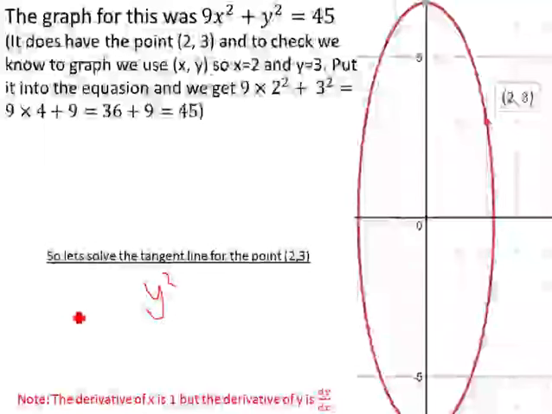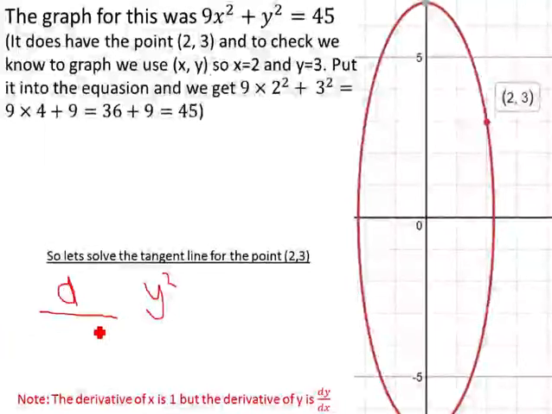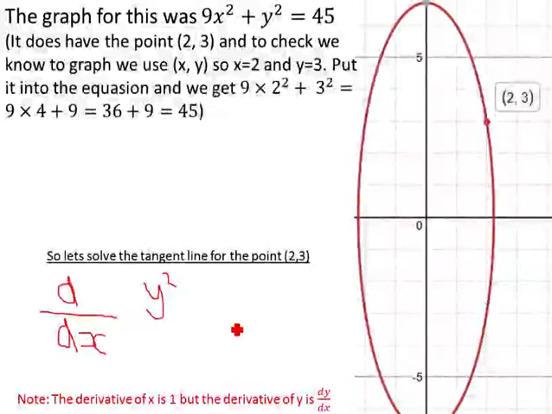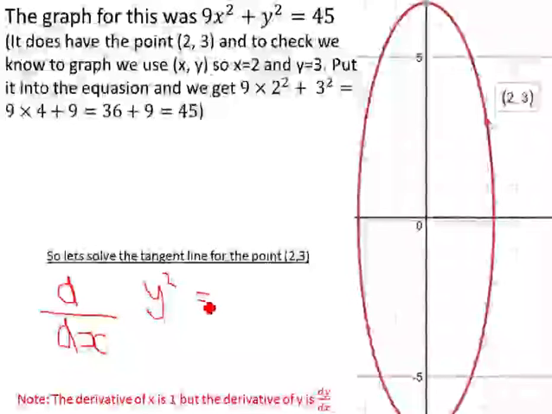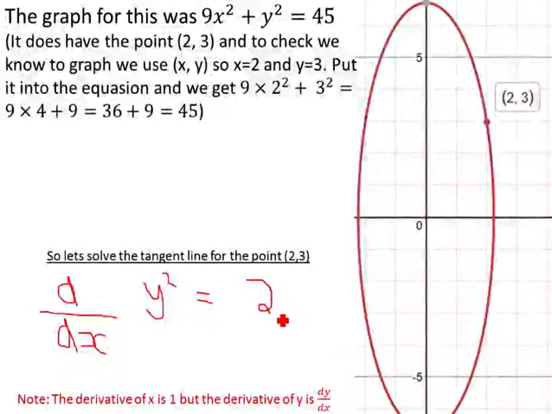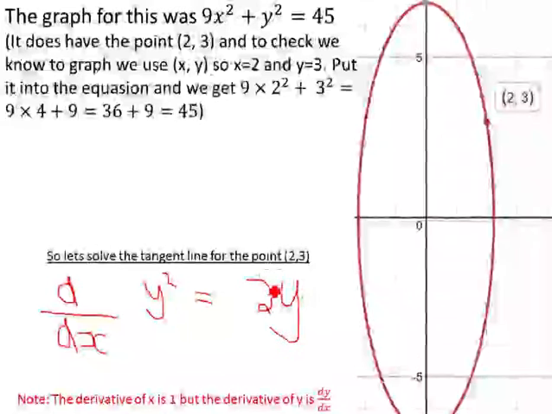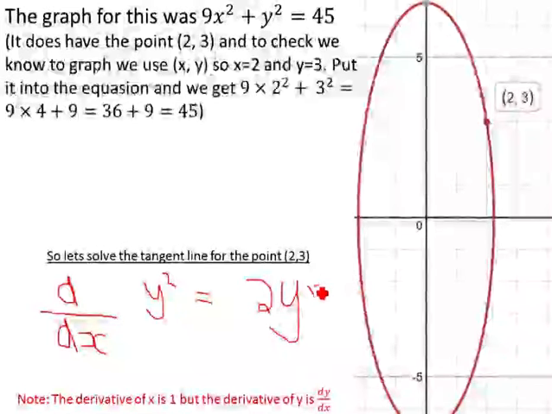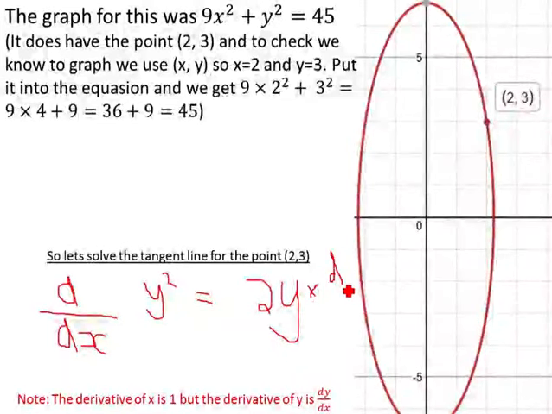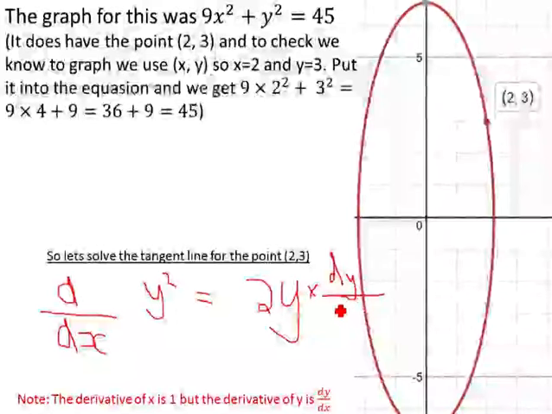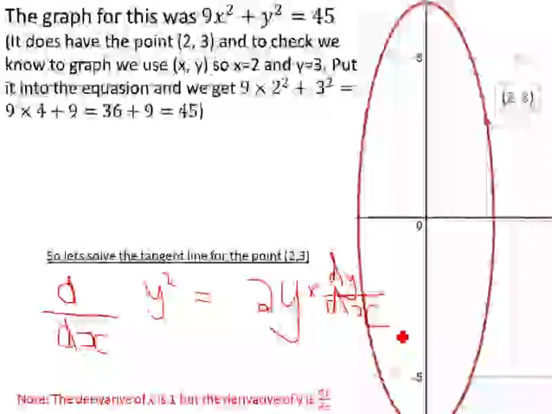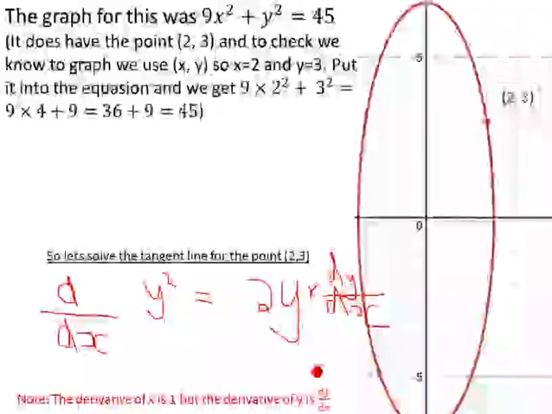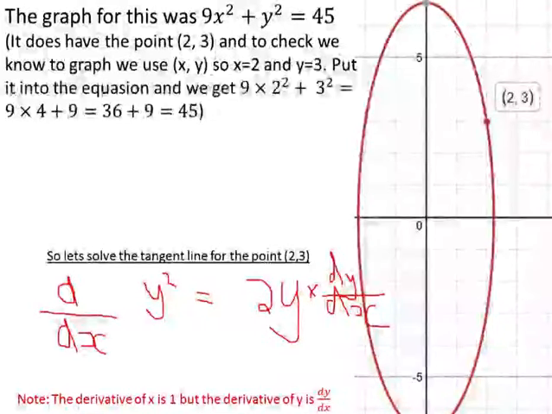And also another sign for the derivative is d divided by dx. So that would then become 2y. So the 2 and the y stay together, and then it's multiplied by dy divided by dx. And because they're separate, then you can start doing things like divide by 2y.